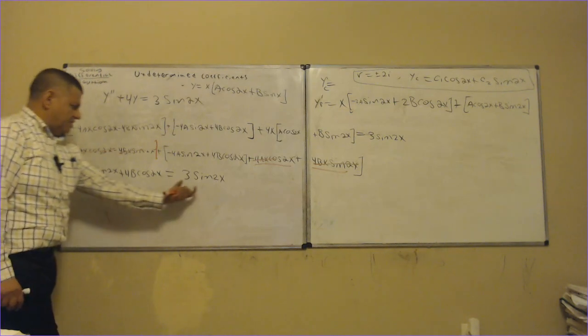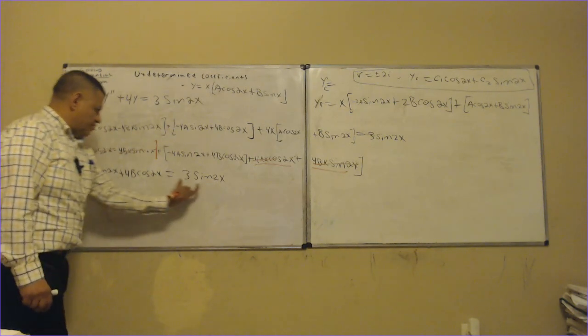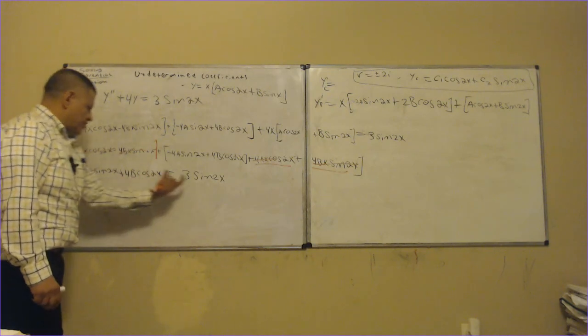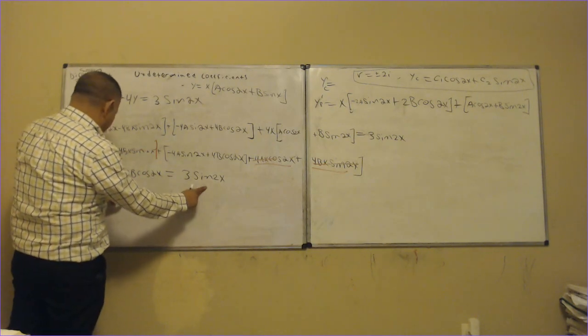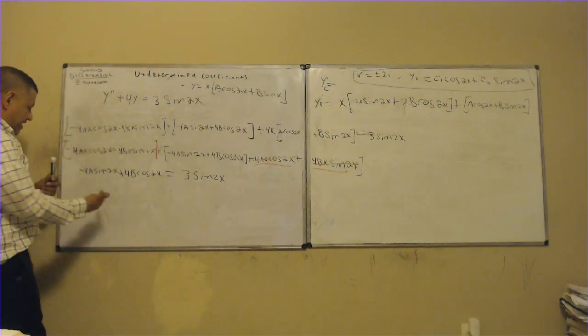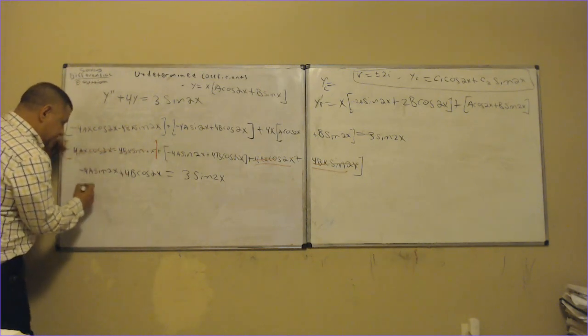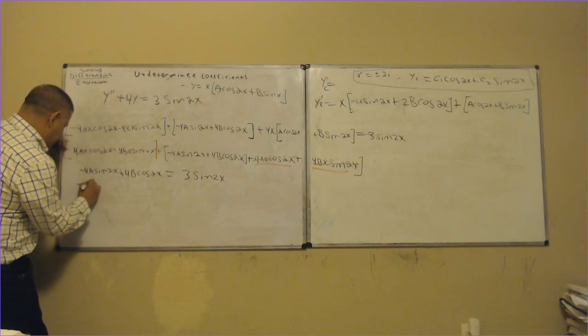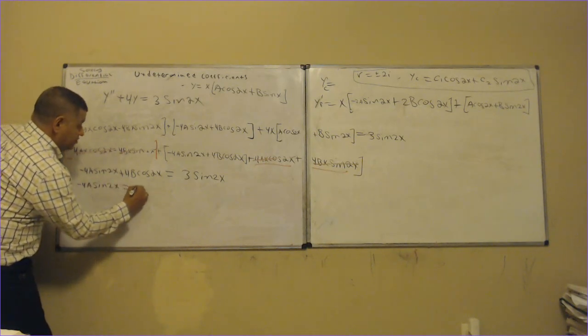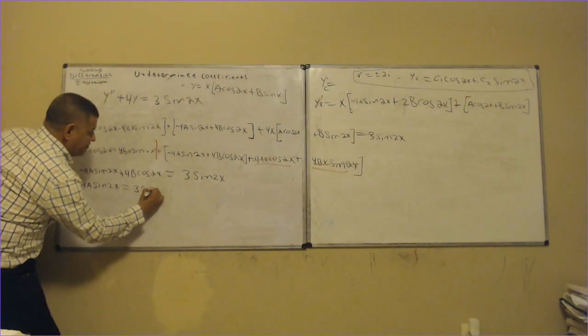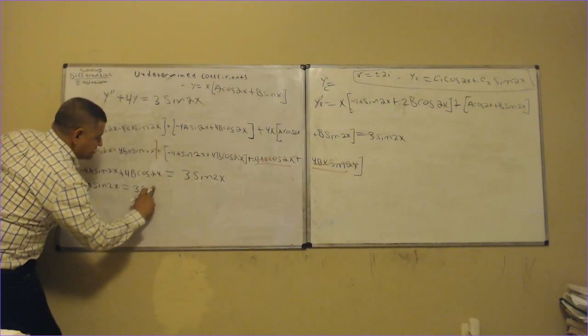So we have a similar form, right? That's what we're going for. Since we don't have this, right now we worry about what we know, what we have. So now I can say that 4a sine of 2x is equal to 3 sine of 2x.